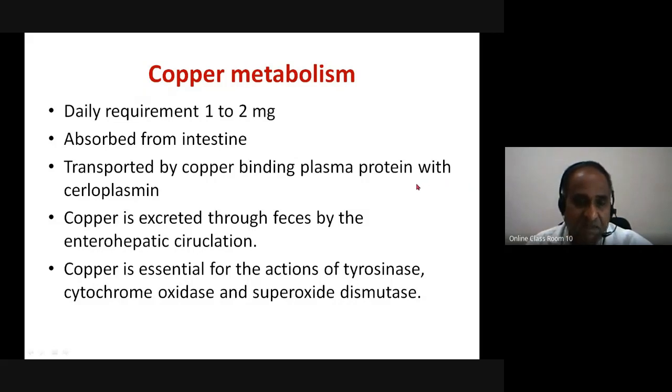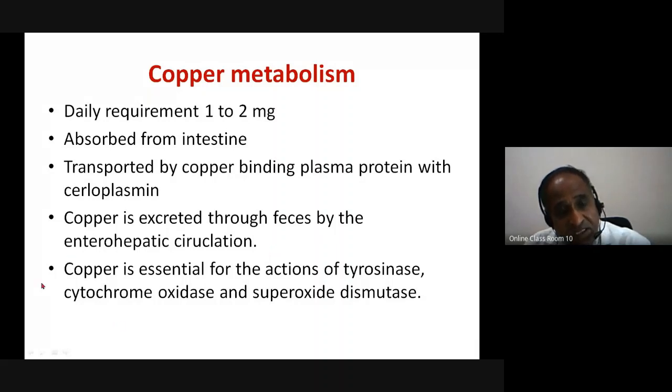That is there as a plasma protein. Ferritin is the transporter for iron; ceruloplasmin is for copper. And copper is excreted through the enterohepatic circulation in the bile.